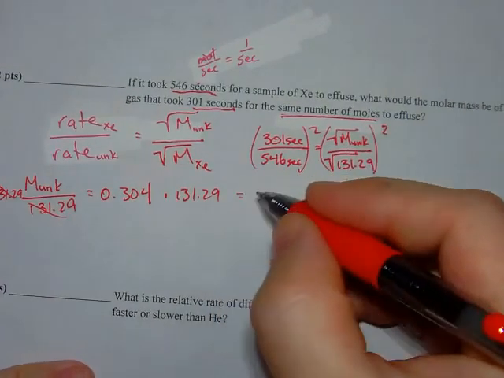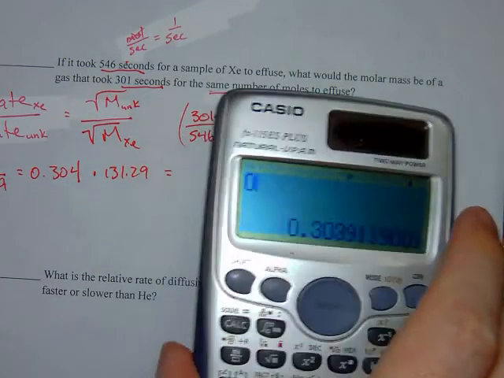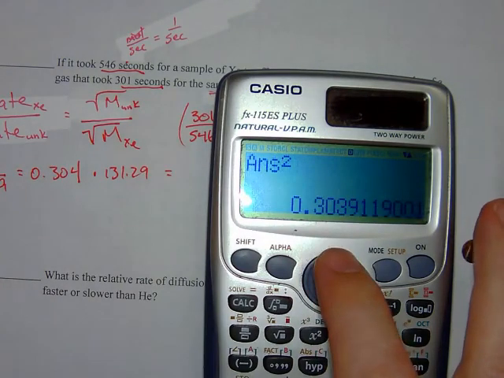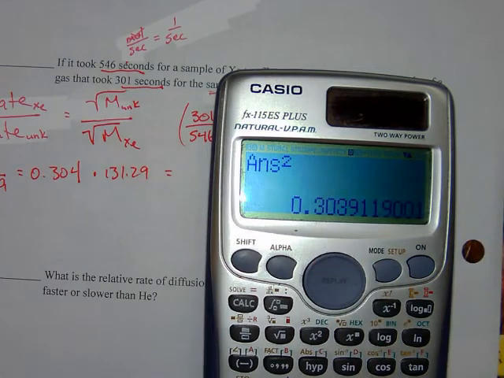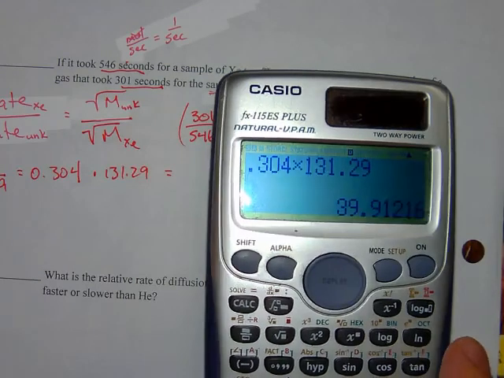And my molar mass, times, there we go. With 3 sig figs, we can go to 39.9.